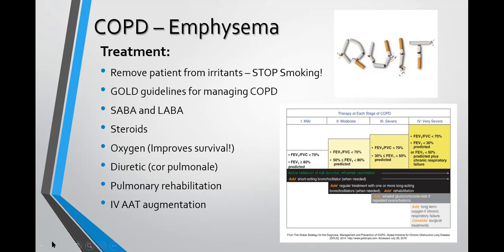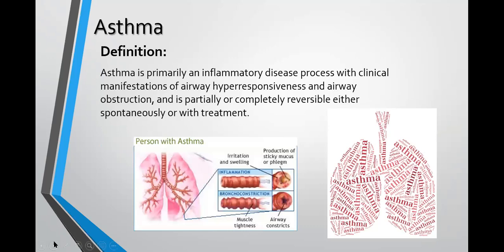All right. The next one, asthma. Asthma is primarily an inflammatory disease process with clinical manifestations of airway hyperresponsiveness, right? That means they close up, just look at them wrong. They close up.